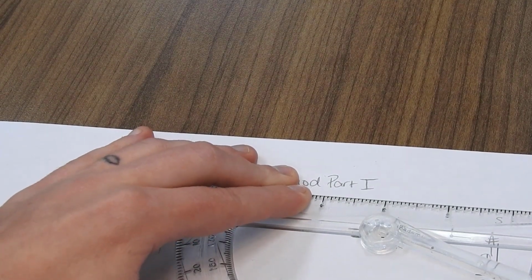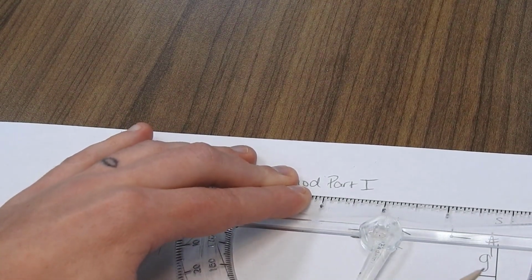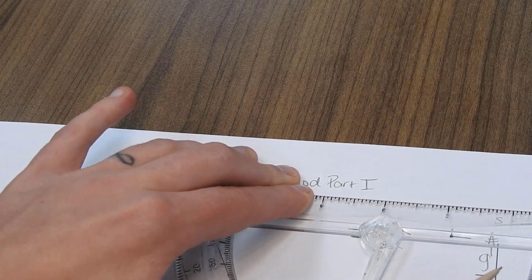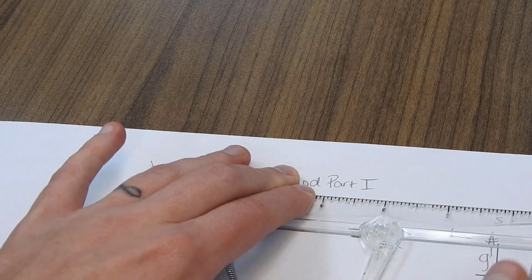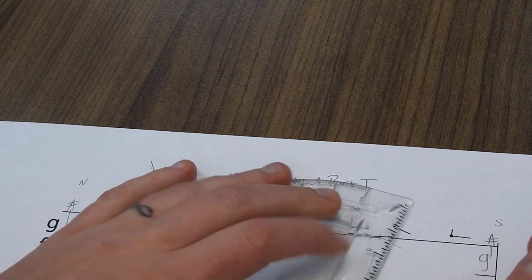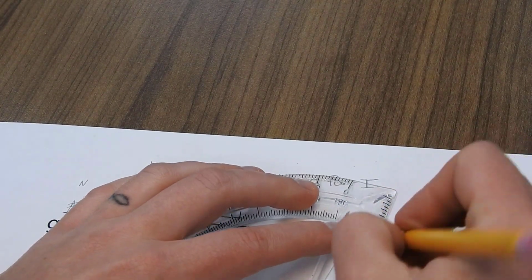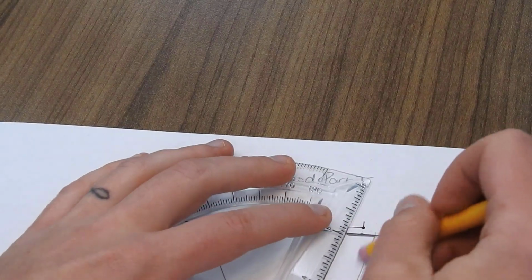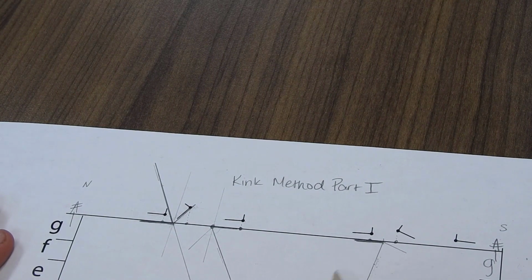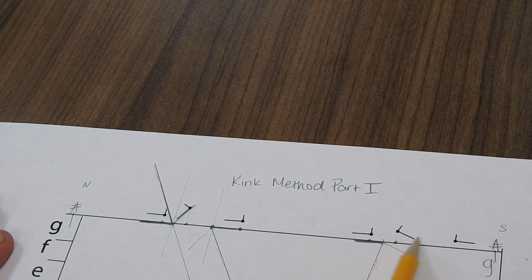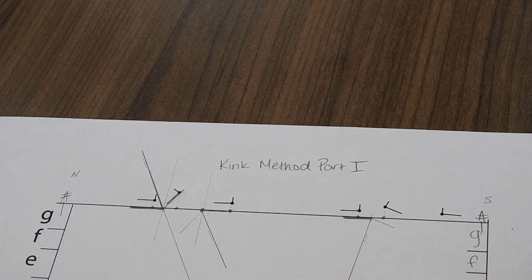So I get about 160. So if you've got a different way to do it that gets you the same result, then I am not going to fight you on using that method. Okay. Zone 1, Zone 2, Zone 3, Zone 4, and now we're going to level back out to horizontal.